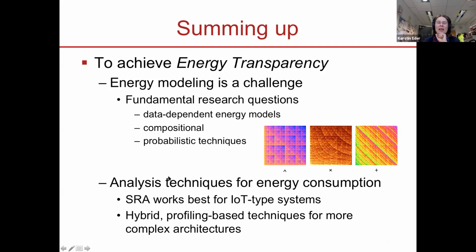In terms of analysis techniques for energy consumption, static resource analysis works very well for IoT type small embedded systems. And we've seen two types of static resource analysis, the type that is using recurrence equations and the other type that uses HiPEAC. Now with the recurrence equations, you can get energy consumption functions.